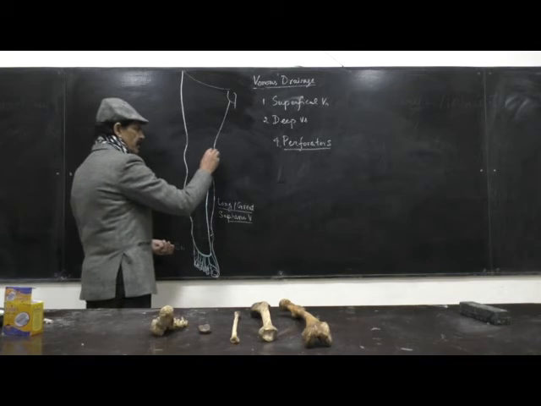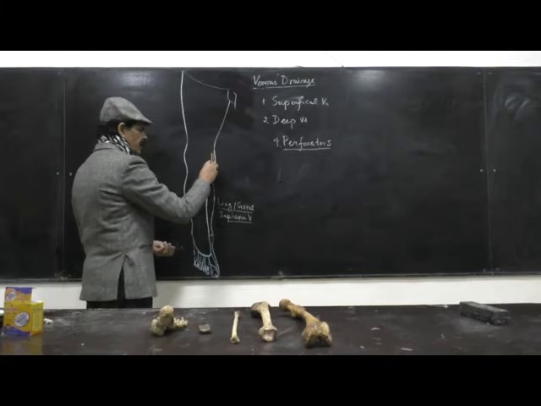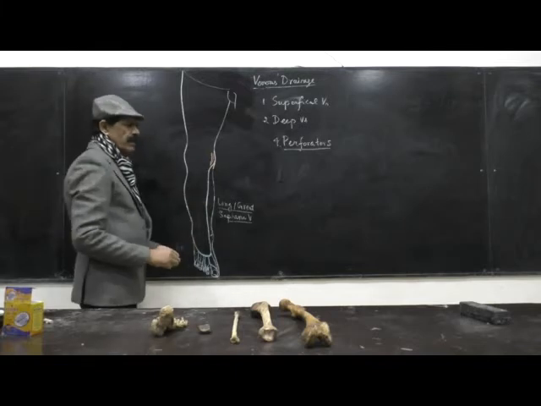This great saphenous vein is also accompanied by the longest cutaneous nerve of the human body, the saphenous nerve, which is a branch of the femoral nerve.